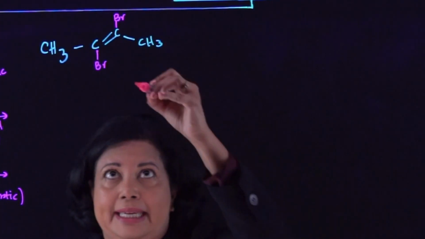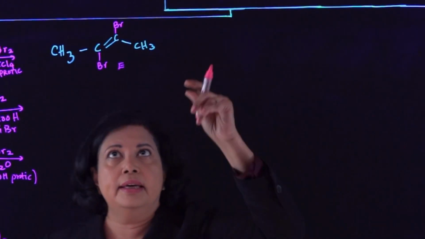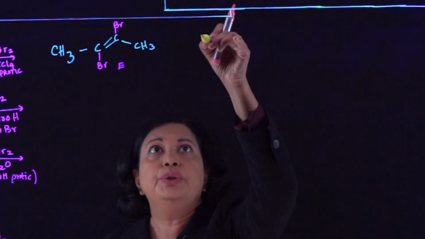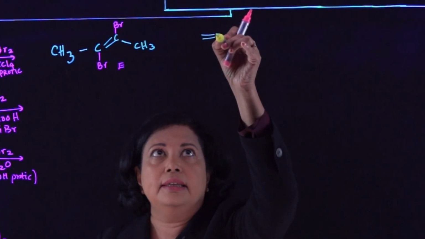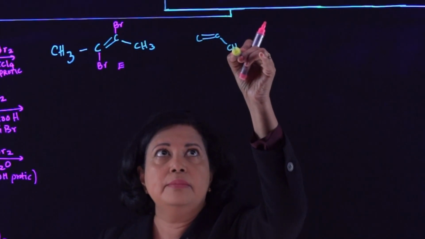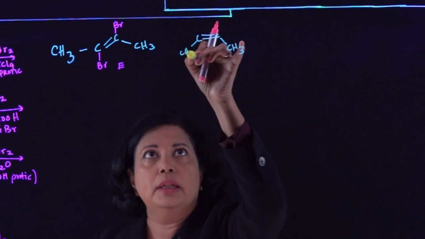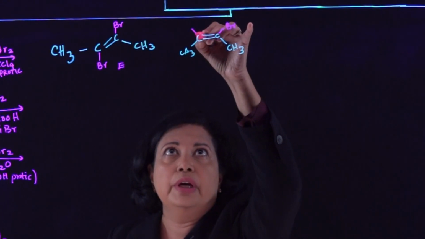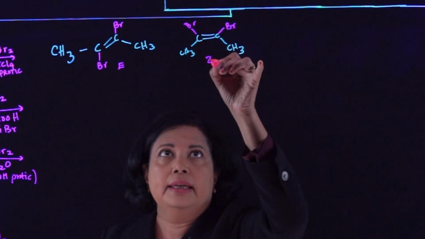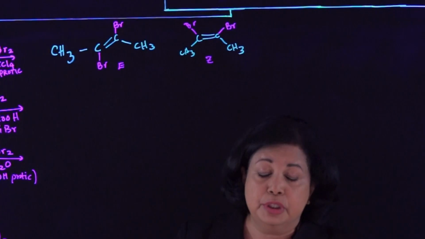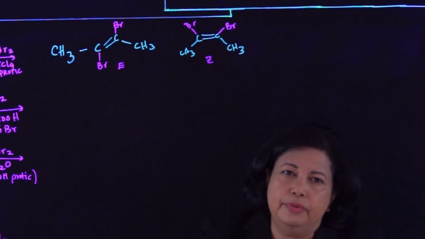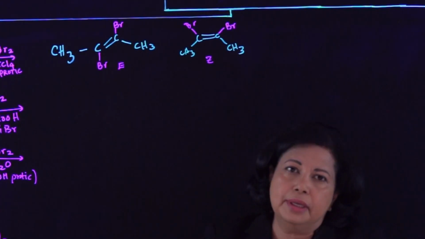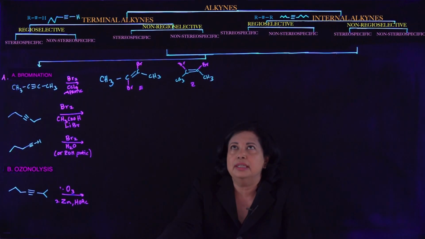This was your E, and then you really didn't get any Z. But here they do see a Z. So this mechanism is not very well understood, to say the least. Now, they have ratios showing that the E to Z is sometimes almost 60 to 40, which is pretty significant. So we can't say it's all anti-attack. There's something else going on, and so we're just going to leave it at that.